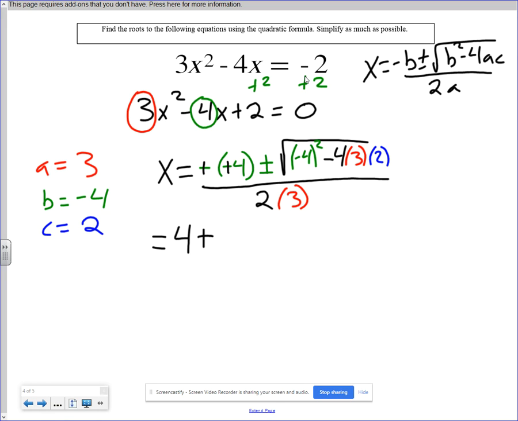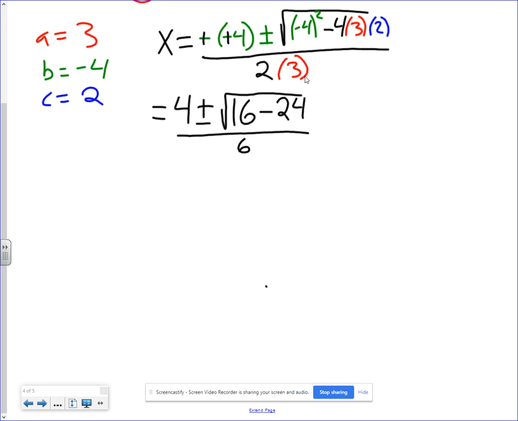Then we'll have plus or minus the square root of negative 4 squared is negative 4 times negative 4, which is 16, minus, we'll take 4 times 3 is 12, times 2 is 24, all over 2 times 3 is 6, and then we can subtract 24 from 16, so we'll have 4 plus or minus the square root of negative 8 over 6.